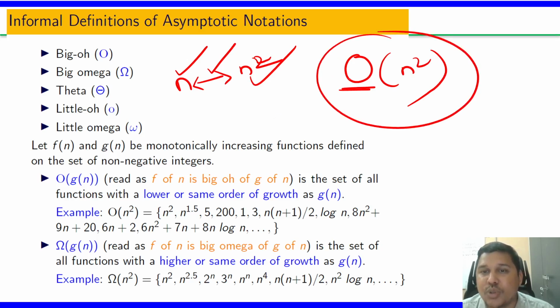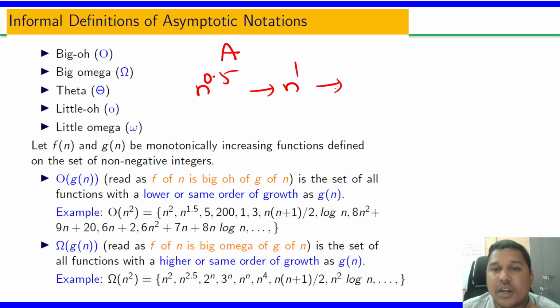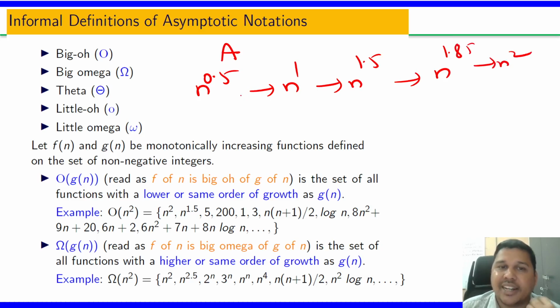In that case, we have to use order of growth. Again, I'll repeat. Algorithm A, its values are changing between n power 0.5 to n power 1 to n power 1.5 to n power 1.85 to n square. At different times, the order of growth of this algorithm A is like this.